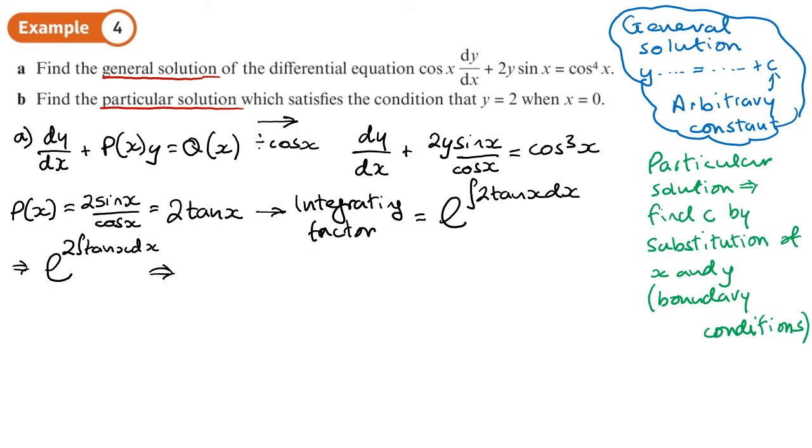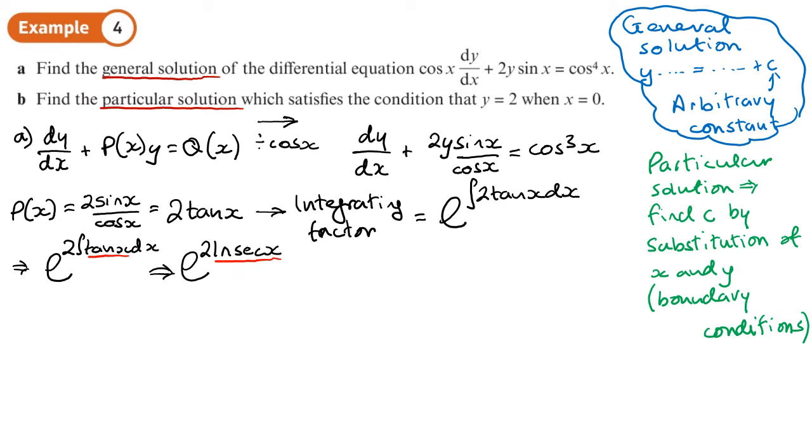Now from the formula book you'll find that tan x integrated is log sec x, so this becomes e to log sec x. Okay, so that's from the formula book. When you integrate tan, it becomes log sec.